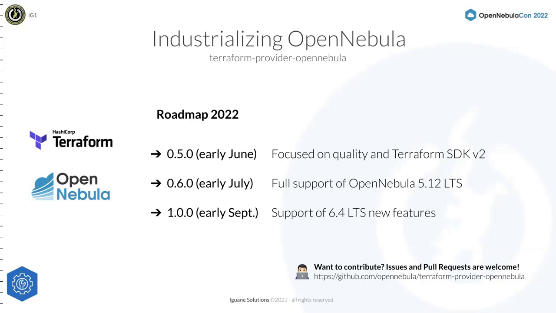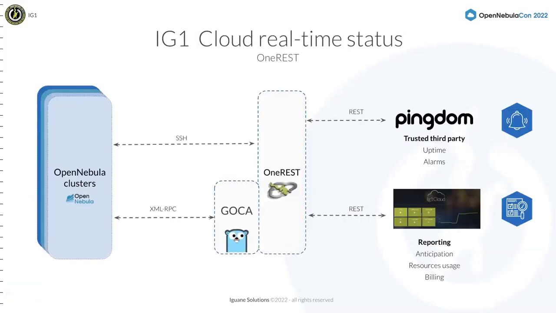And now I will deal with a new topic we did thanks to the Goka too. As I said, the Goka is a very useful SDK. So we had two other issues to deal with: the visualize issue and the anticipate one. So for the visualization and the anticipation, we developed our own small web server called OneRest.